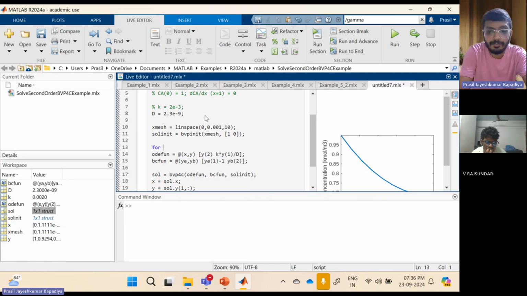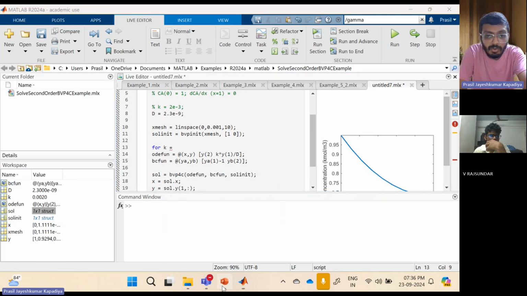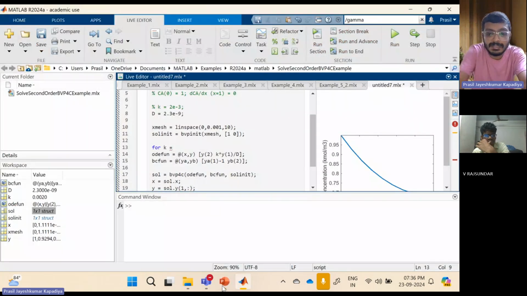Okay, so let's keep one for loop here, for k. What is the value of k? 2 into 10 raised to minus 3. We are not told anything about the range, so let's take some random range, 0.001 to 0.1, in gaps of 0.01.